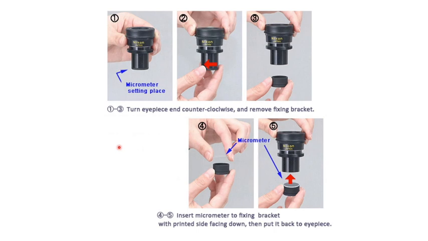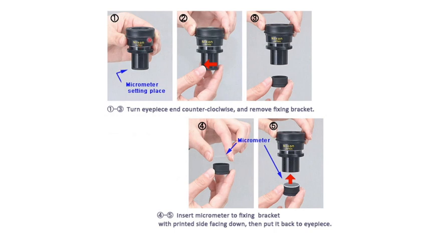Now these are the steps for fixing the ocular micrometer in the eyepiece of the microscope. First of all, you will remove the eyepiece, as you can see over here in this diagram. This is the eyepiece of the microscope, and you can easily remove it from the microscope.